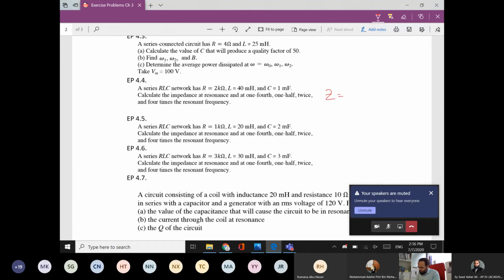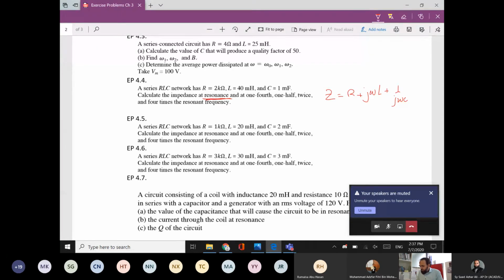So Z is actually R plus J omega L plus 1 upon J omega C. Okay. So how do you propose to proceed? First of all, use the resonance condition.